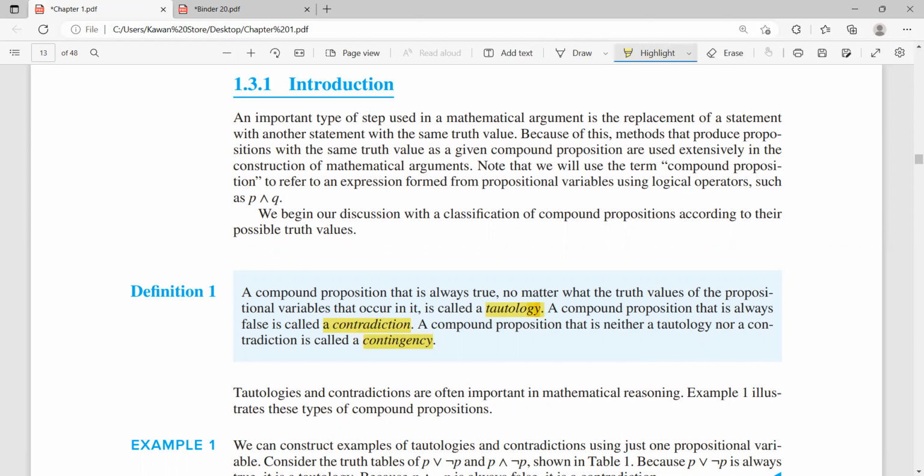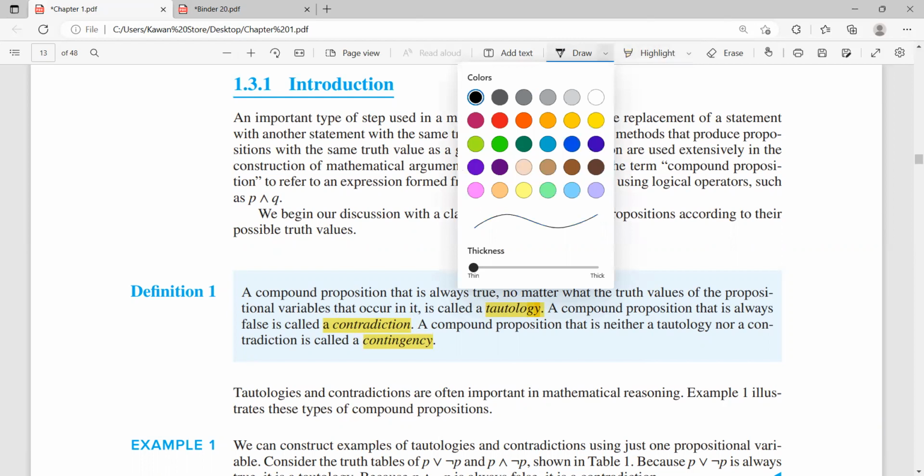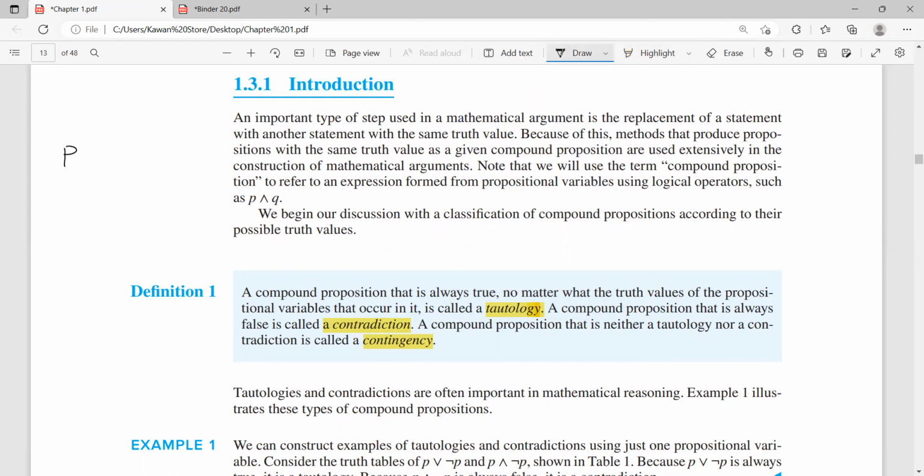Can you give me an example of tautology, dears? For example, if I have P and negation P. So P may be true or false. Am I right? How about negation? False or true.